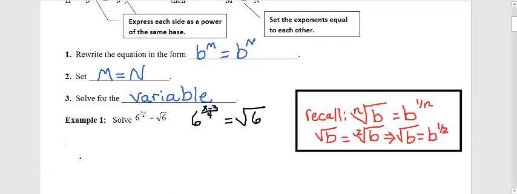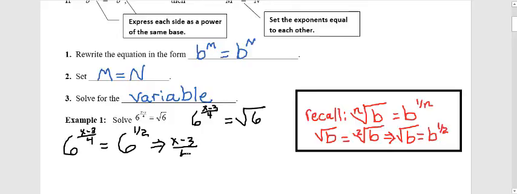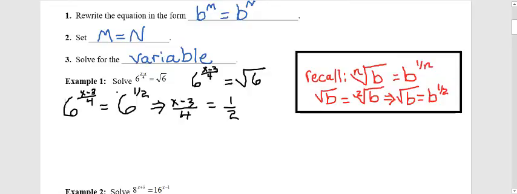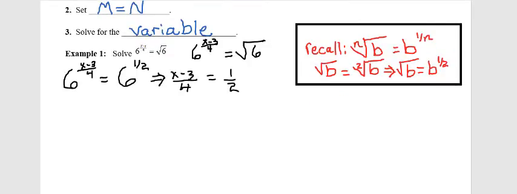So the problem becomes 6 to the (x minus 3)/4 equals 6 to the 1/2. So now the bases are both 6 on either side of the equation, so I set the exponents equal to each other. So I'm going to solve (x minus 3)/4 equals 1/2 by cross multiplying.